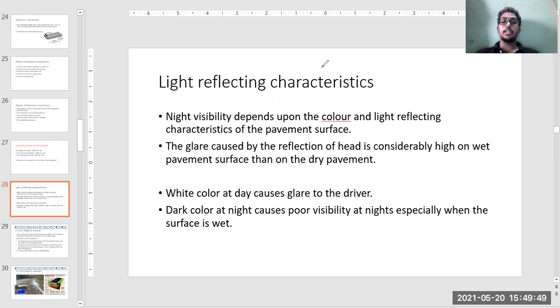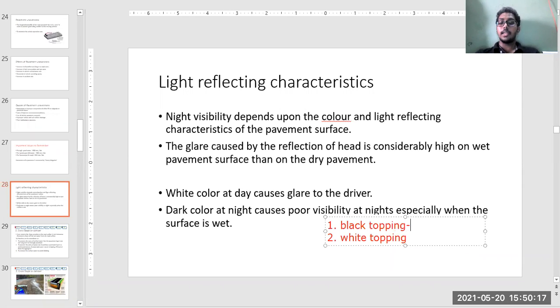So I told the classification of highways. In that we talk about 2 types. Number one is based on the surface. One is called black topping, and the other is called white topping.